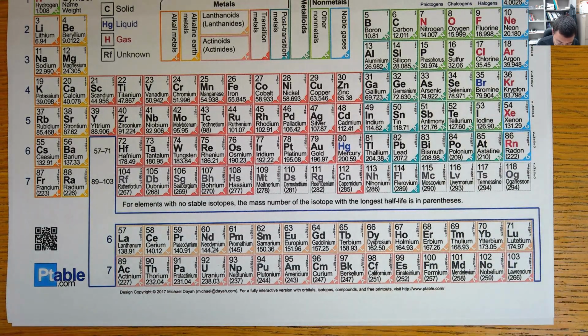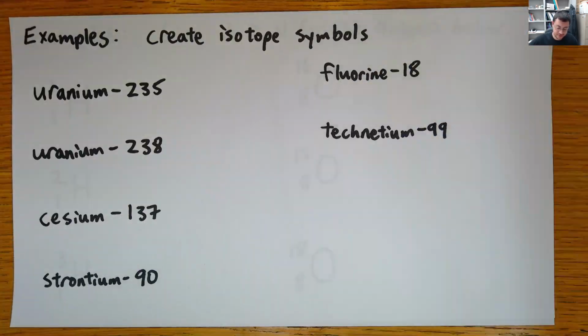So let's look for uranium. Uranium is element number 92. There is that weighted average at the bottom, 238.03, but that's taking all uranium isotopes into consideration. So we don't have to worry about that number too much when we're working with specific isotopes.